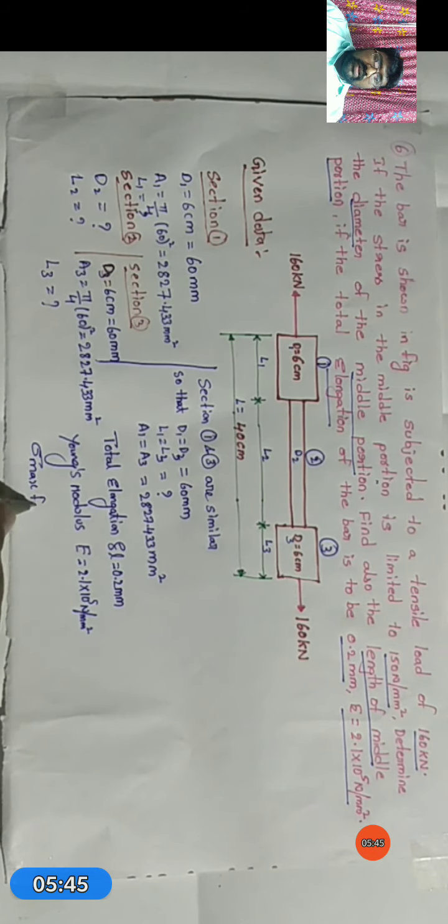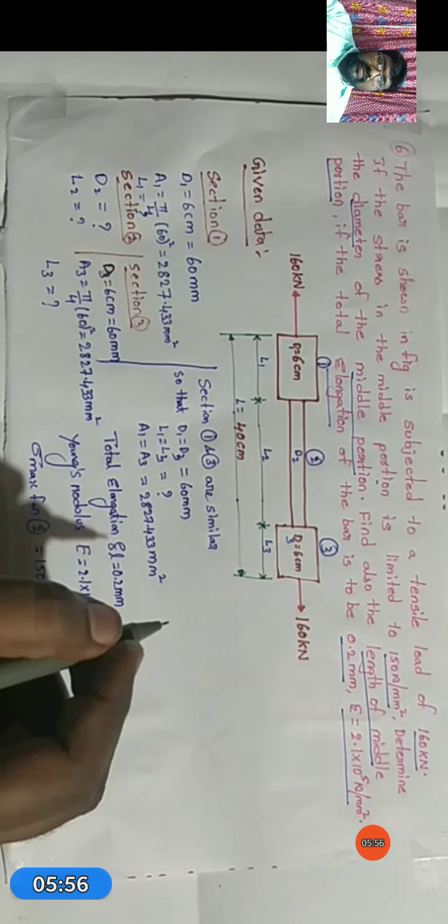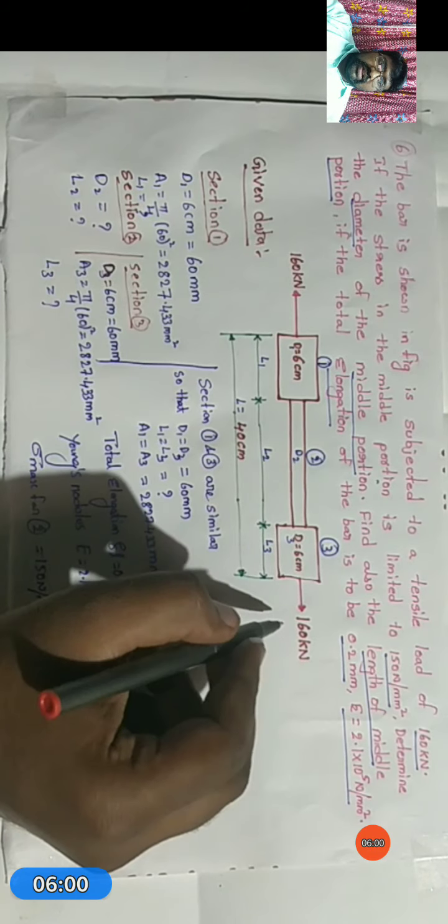And they have given the maximum stress induced in the material, that is in the middle portion, as 150 Newton per millimeter square. From this we can calculate the diameter.